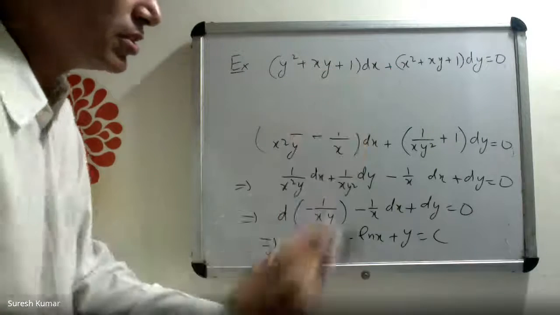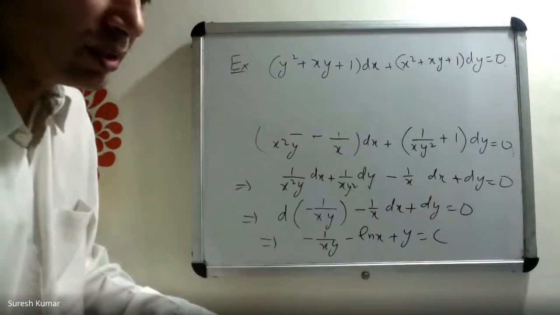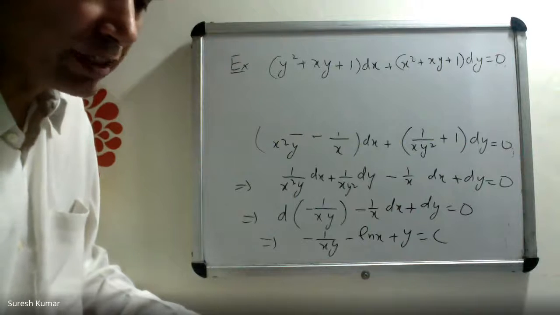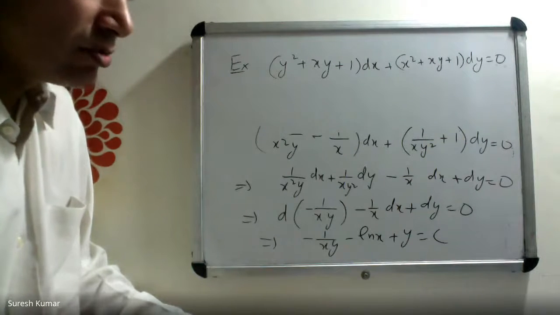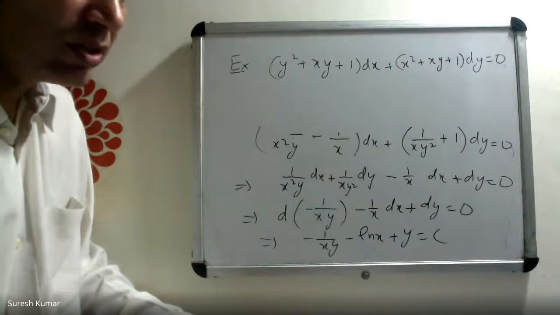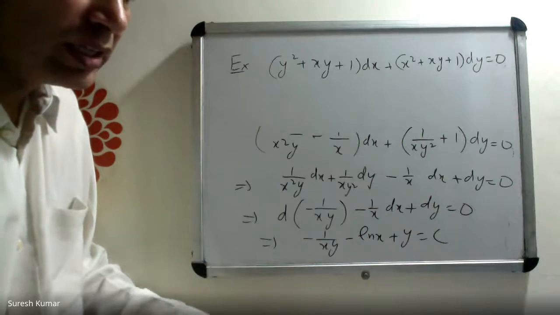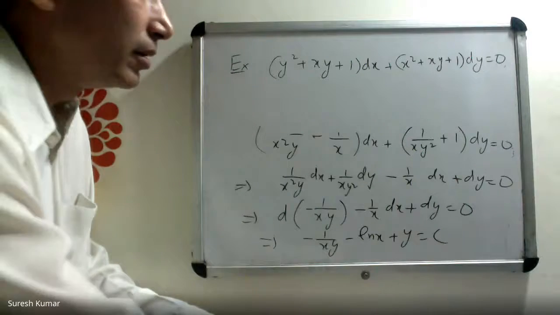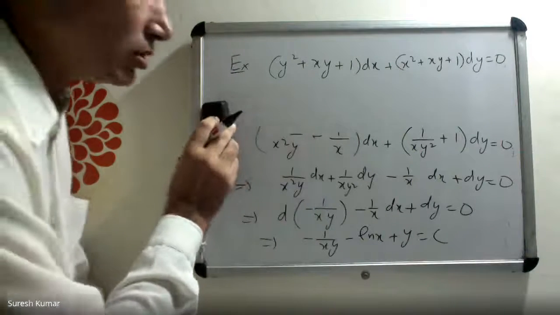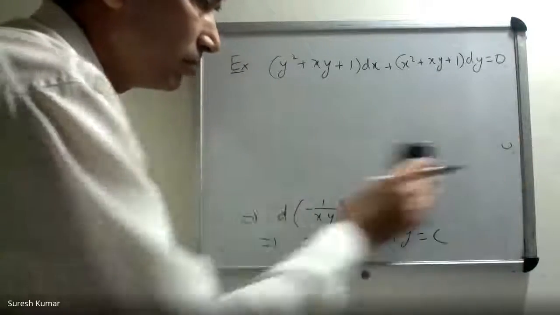You will see that this differential equation is not exact and the two formulas we have learned for integrating factors will not work. So you need to rearrange the terms or do some division or something so that you are able to create exact differentials. See how can we do that in this particular problem.